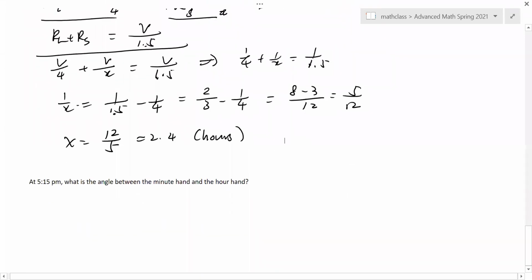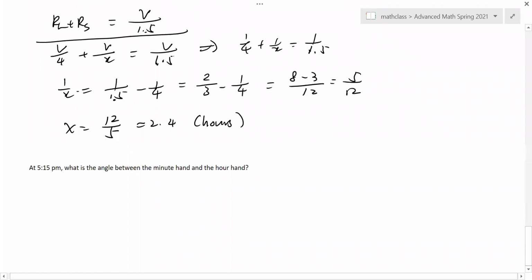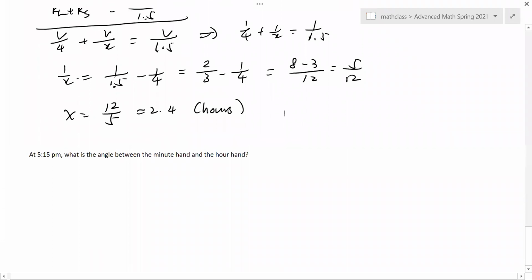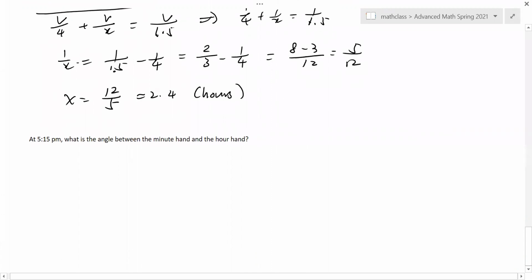All right, our next problem is about time. We have to draw the picture here to solve the problem. At 5:15 p.m., what is the angle between the minute hand and the hour hand?